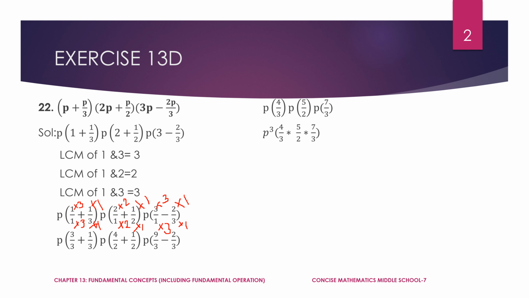Always cancel one number from denominator or numerator. 2 ones are here. 2 twos will be 4. Right? So, now you cannot divide any other numbers. So you can just multiply it. You will get 2 into 5 into 7 is 70. 3 into 3 is 9. This is one of the easiest ways to solve a problem.